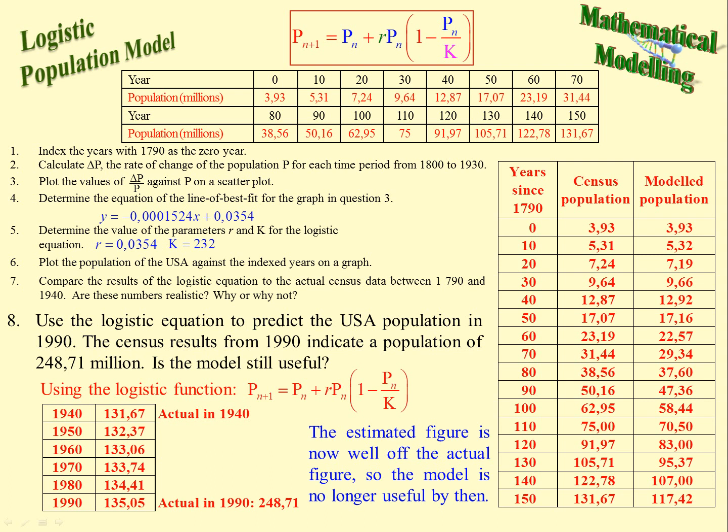There are other factors involved. Pretty clearly there are. In fact, if you think about it, medical science advancements, all sorts of things, nutrition. So that's why the actual carrying capacity of the environment has increased considerably since 1790.